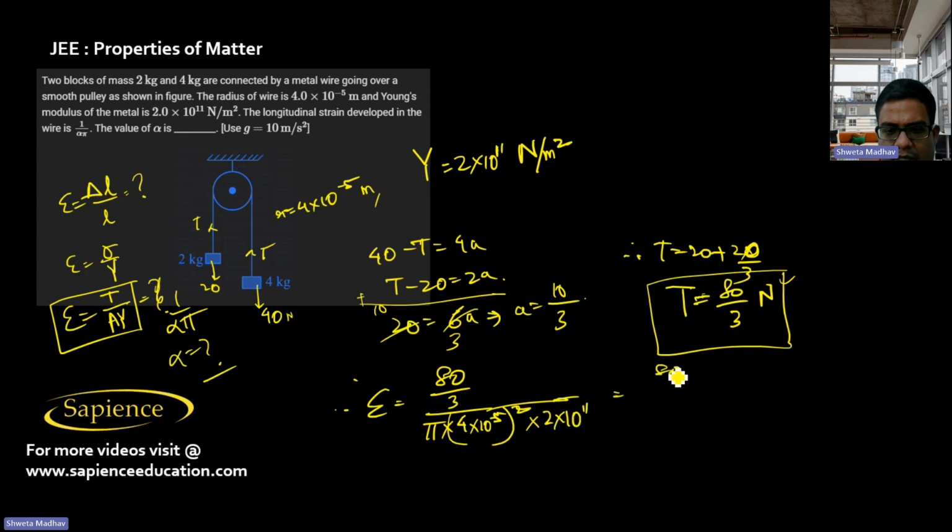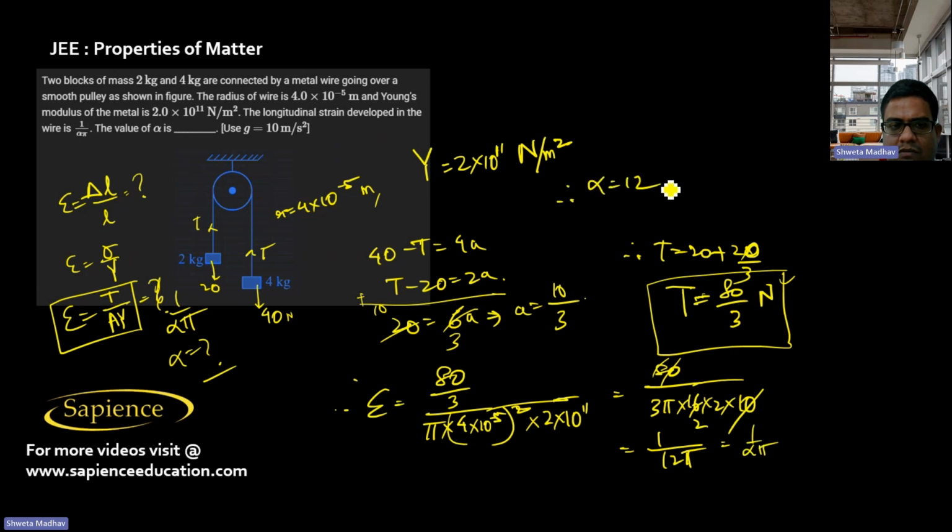So this will be 80 by 3 pi into 16 into 2 into 10 power minus 10 into 10 power 11, that is 10. Zeros will cancel. Then 80 by 16 gives 5, so this is equal to 1 by 12 pi, which is equal to 1 by alpha pi. So therefore, the value of alpha is equal to 12. 12 is the answer.